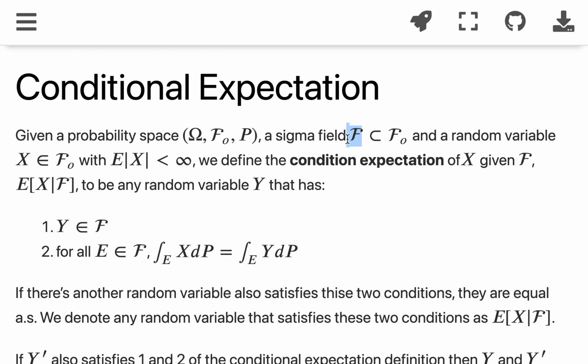That tells us that we don't know everything, but we know something. What we know is not the whole sigma field F naught; it's a smaller sigma field inside this bigger sigma field. For example, we know that X is less than a certain constant, and we know the probability for that.